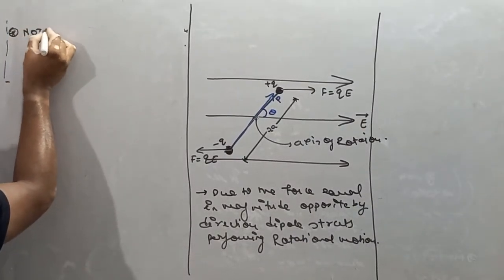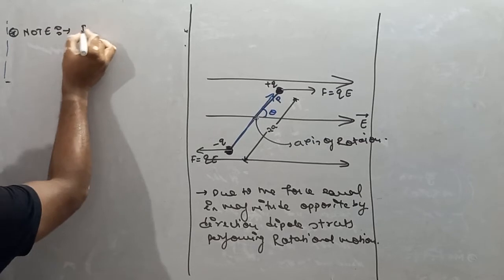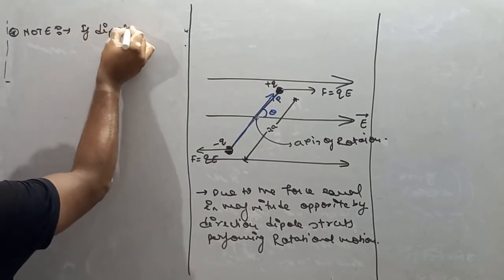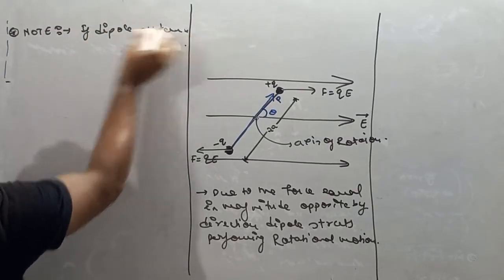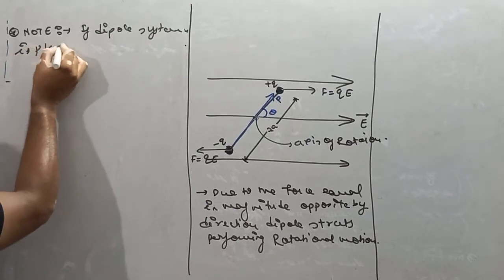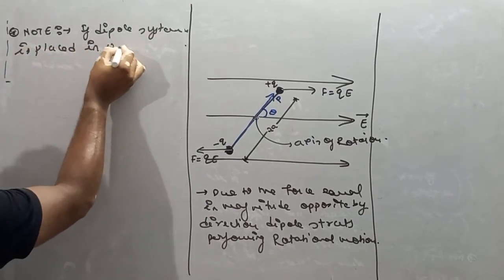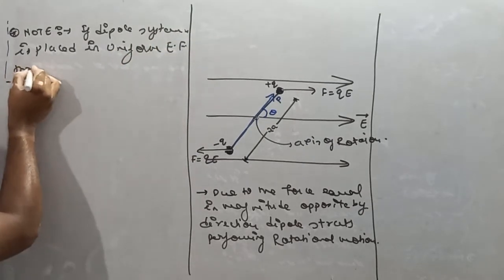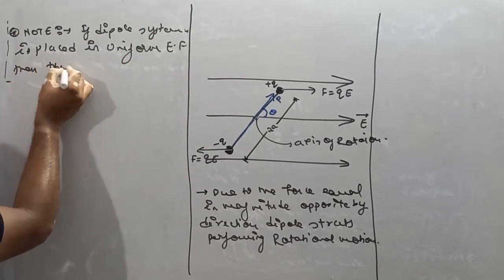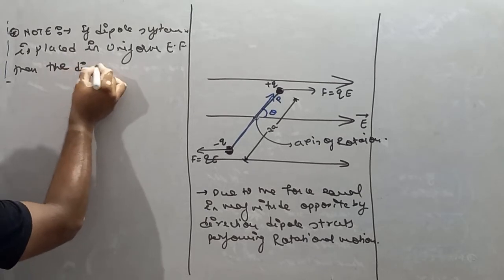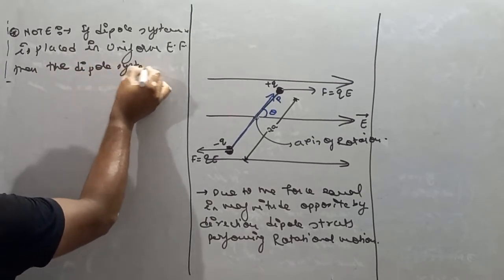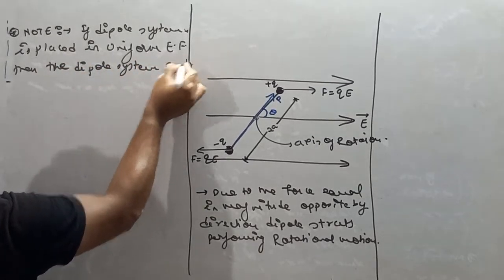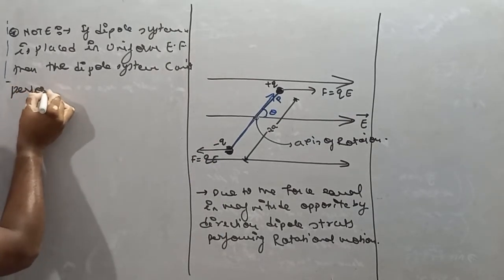In the form of a note, I'll write here: if a dipole system is placed in a uniform electric field, then the dipole system can't perform linear motion.